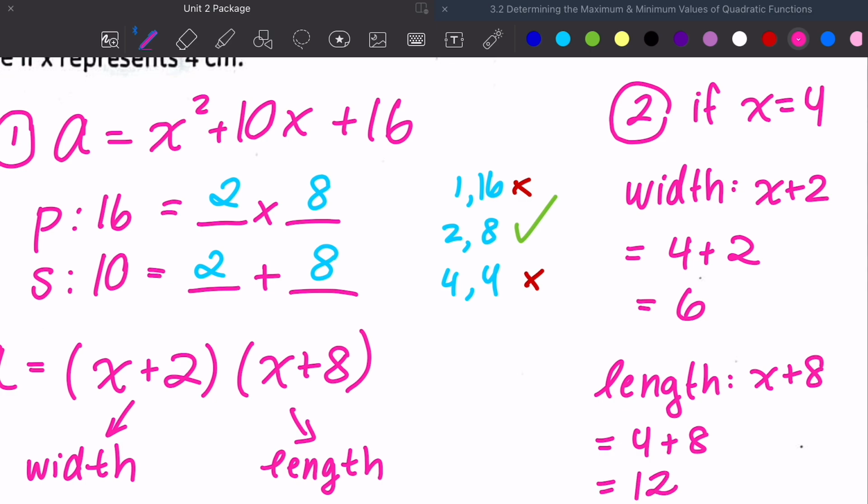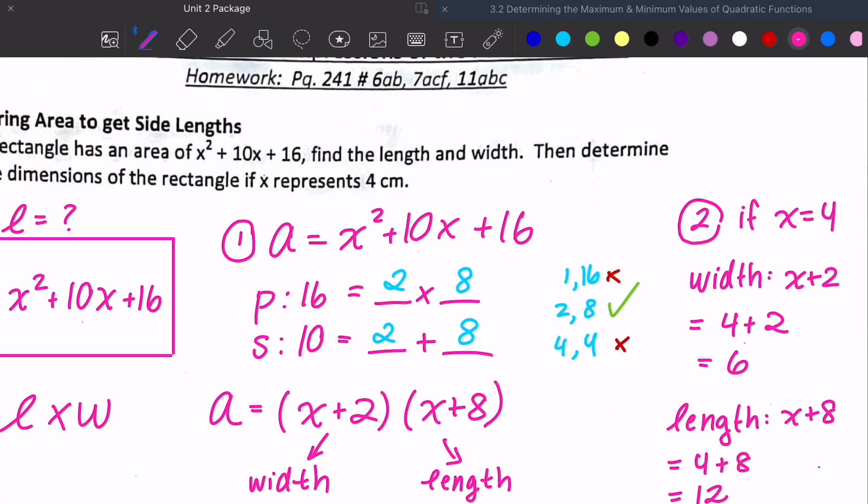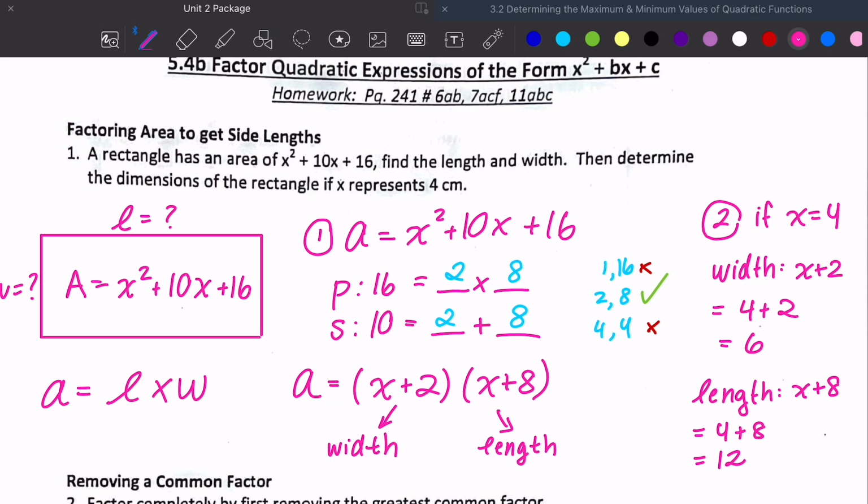So my width of this rectangle is 6, and my length is 12. All you have to do is plug in 4 for x into the expressions that you made. How do we feel about this? It requires a little bit of geometry knowledge, but otherwise it's just factoring.